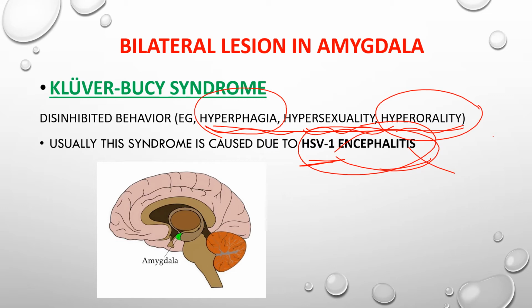Now, what is amygdala? Amygdala is an integrative center for emotions, emotional behavior and motivation. So, any lesion in amygdala will actually result in disinhibited behavior, and in Kluver-Bucy syndrome it presents with hyperphagia, hypersexuality and hyperorality. Please do remember this.